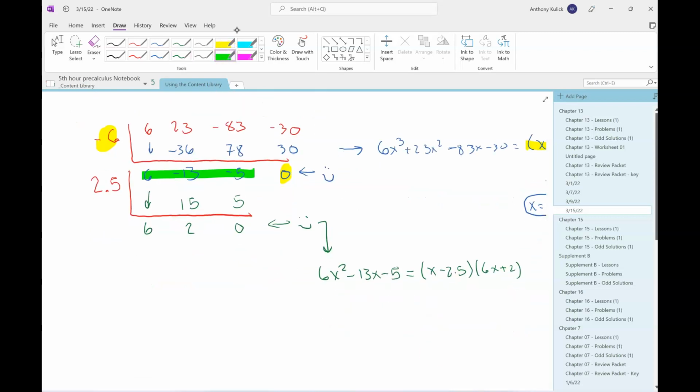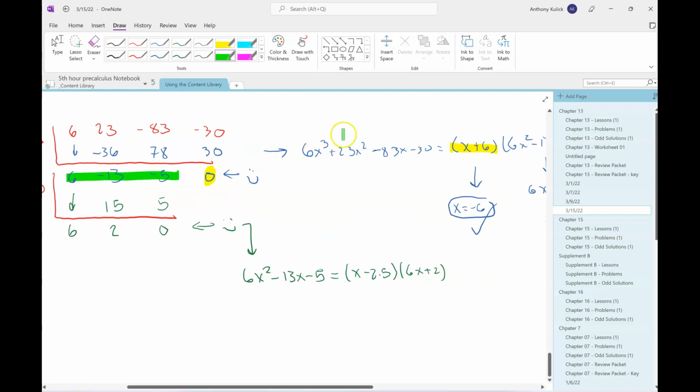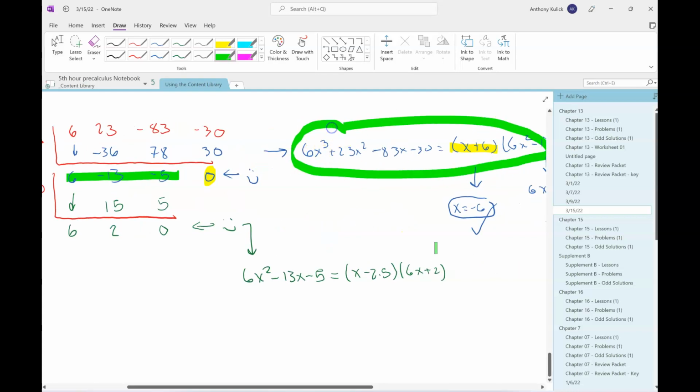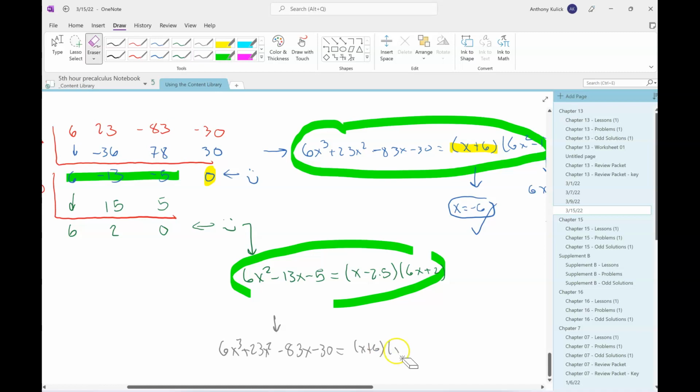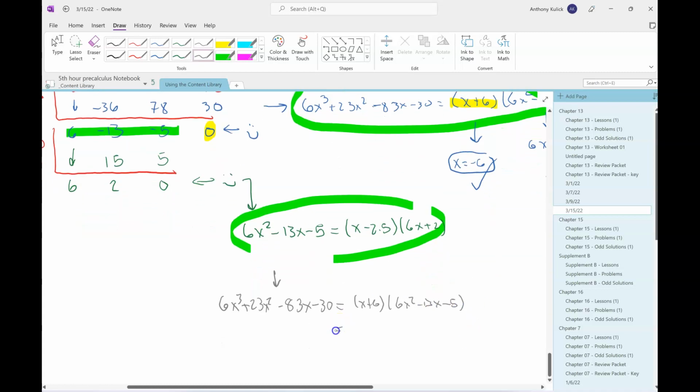And if I take what I had before, along with this, if I put those two things together, we can say 6x cubed plus 23x squared minus 83x minus 30 was equal to x plus 6 times 6x squared minus 13x minus 5. That's from the first step.